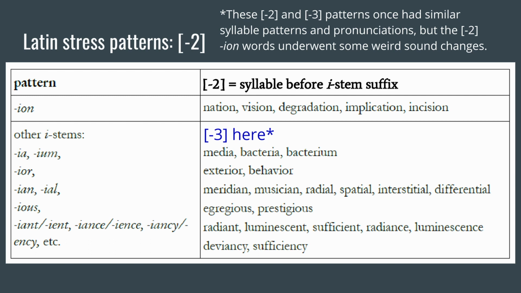IANT, IENT, and related suffixes IANCE, IENCY, etc. Radiant, luminescent. Radiance, luminescence. Sufficient, sufficience. Deviancy, sufficiency, and so on. The stress is always on the syllable before the suffix. These I stem suffixes, this works practically all the time. This is a pretty reliable pattern you can depend on. I've only found one word that doesn't fit.